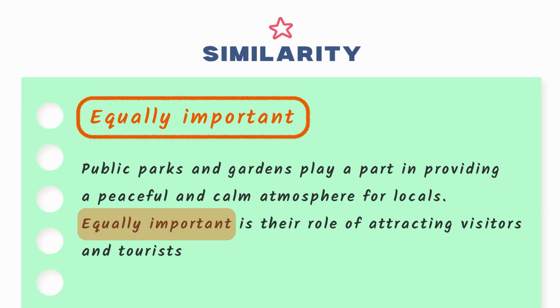So we are talking about public parks and gardens, all right? They play a part in providing a peaceful environment and atmosphere, and at the same time, they attract visitors. So we are talking about two benefits of public parks. In order to connect the second sentence to the previous one, we use equally important. We are talking about similarity here.